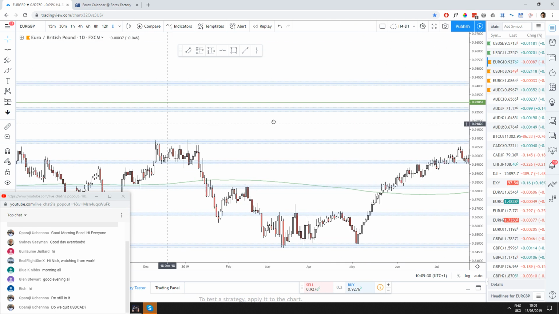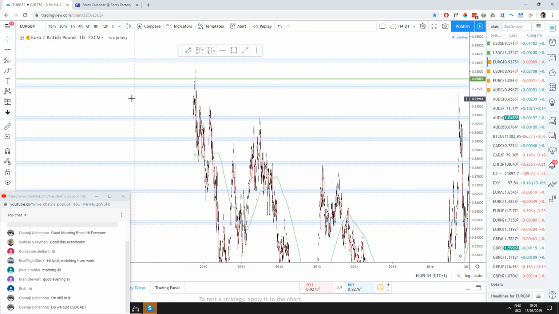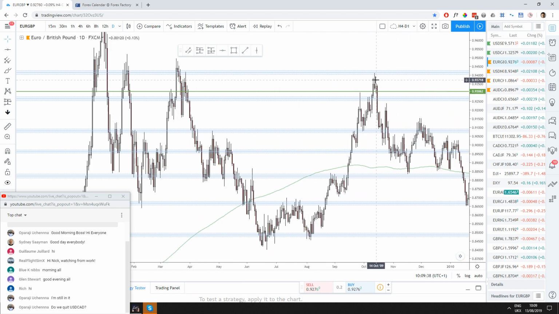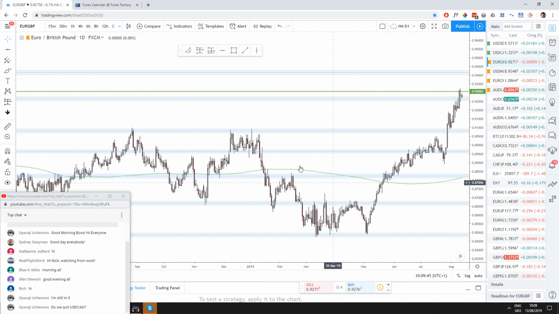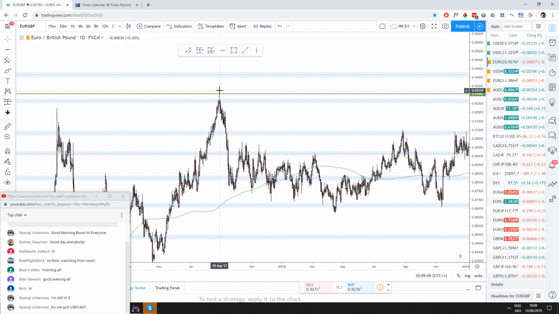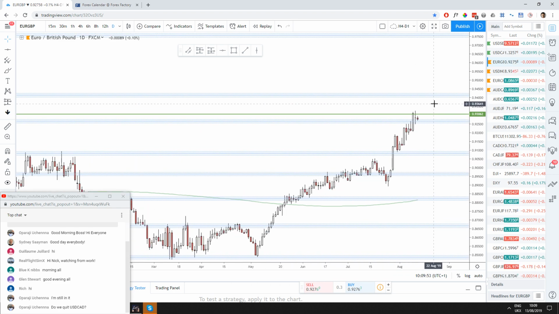So, EURGBP officially has gone above almost 10-year highs. 10-year highs, guys. That's big. Highest point before this was 29th of August 2017. It broke that. So we are at almost 10-year highs.